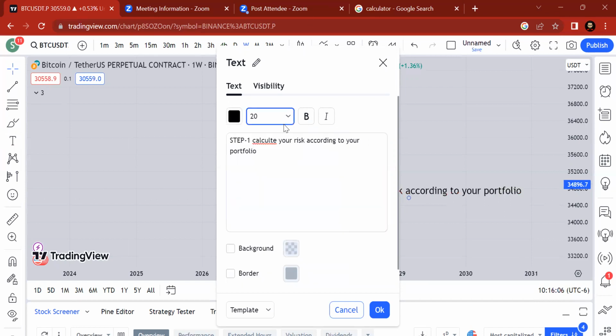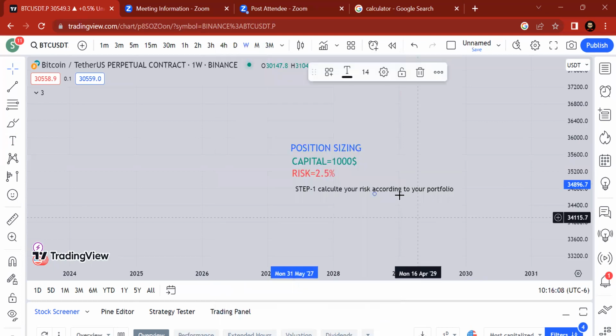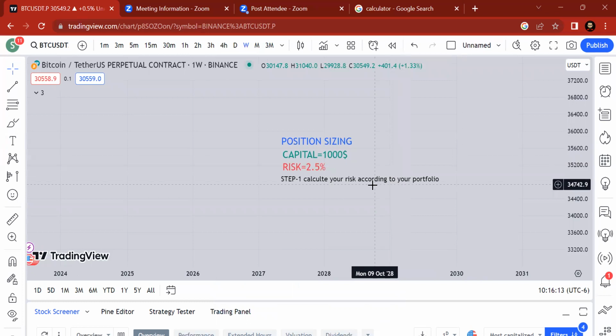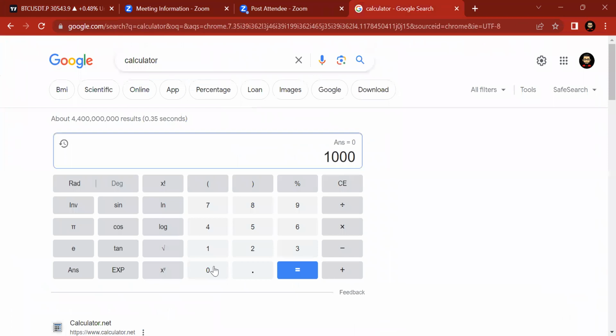Step one is calculating your risk according to your portfolio. I check my capital, my portfolio, that is $1,000. Second thing, I decided that I will risk 2.5% on each trade. Now, the first step is to calculate your risk according to your portfolio. So, calculation of 2.5%. How much portfolio do I have? $1,000. Simply multiply by 2.5 percent.